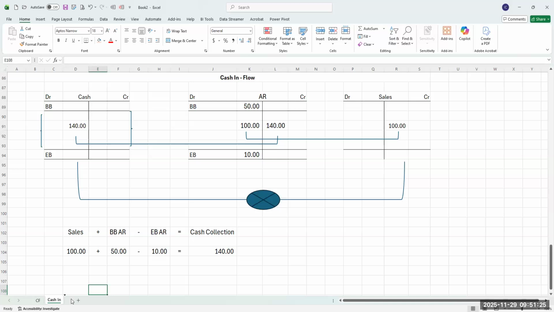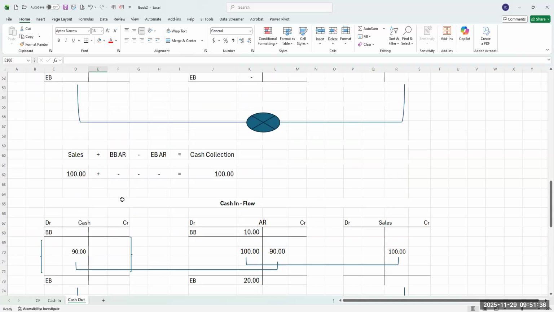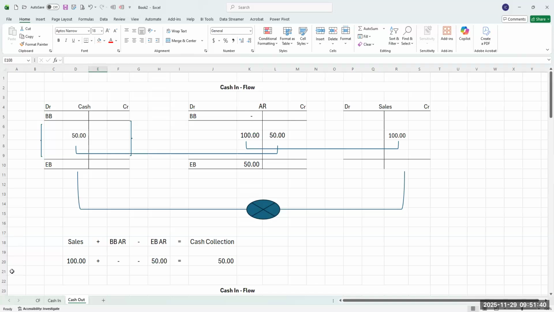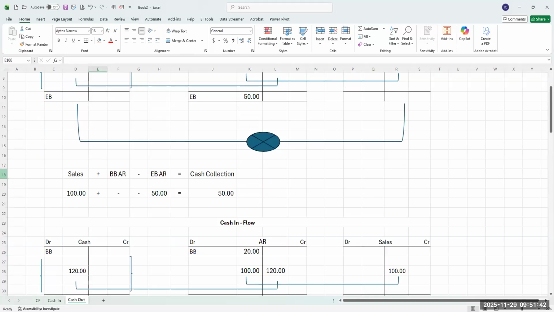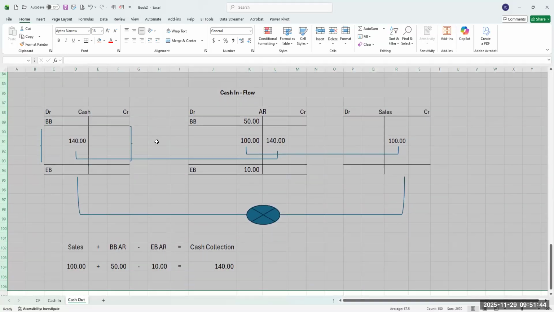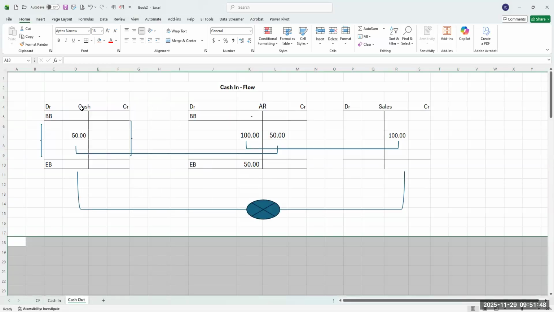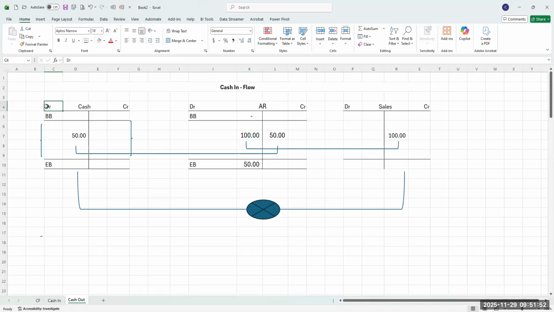We found the cash in. Let's go and check the cash out. For the cash out, I have to do some adjustments here, obviously. We're not going to stay with accounts receivables and everything like that. Let's get rid of those first. And let's exchange those ones.